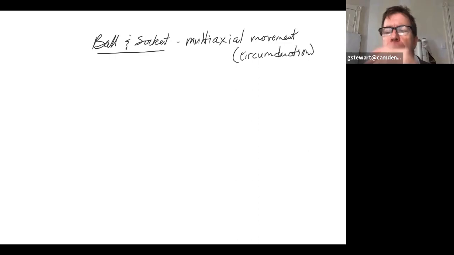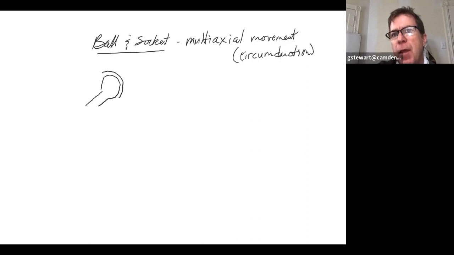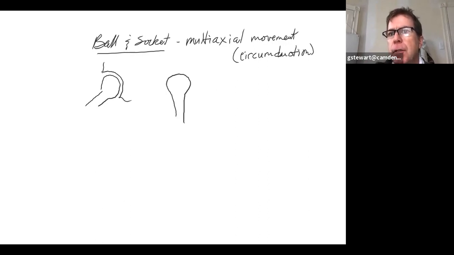So we get all sorts of movements with ball and socket joints: flexion, extension, abduction, adduction, circumduction, rotation, multi-axial movement. And you know what a ball and socket joint looks like. Here's the head of the femur and the acetabulum of the hip, the pelvis, also the humerus at the shoulder, there's the head of the humerus, and here's the glenoid cavity. It's much smaller. The glenoid cavity of the scapula, that's also considered a ball and socket joint. So these are super freely movable in all sorts of directions.